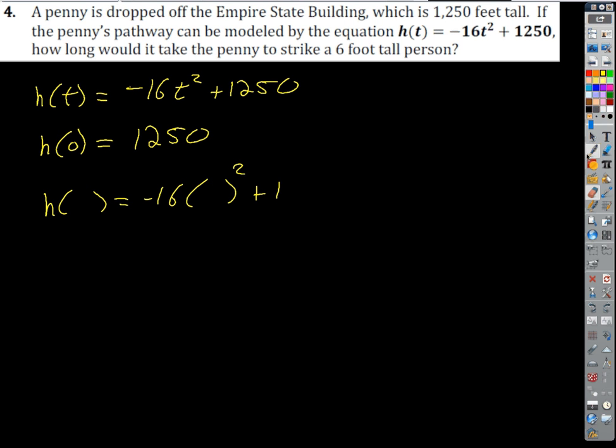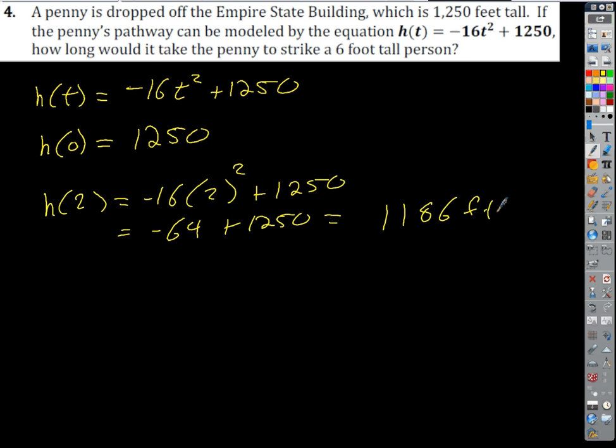So that's telling us H of 2 equals -16 times 2 squared plus 1250. Well, I can do the math. That's 4, right? 4 times 16, 64. So I'm getting -64 plus 1250 equals 1186. You get the idea? Okay, we'll pick this up tomorrow.